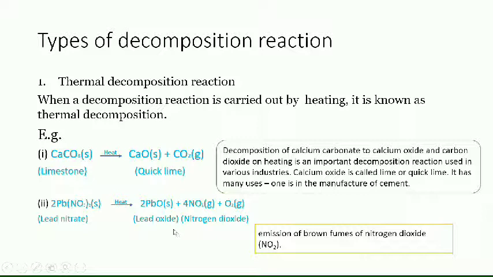In this heating of lead nitrate, there is an emission of brown fumes of nitrogen dioxide. You can get a question like that: whenever any compound is heated, it emits some brown fumes, so write the name of the reactant and the name of the brown gas which is emitted by the reaction. You can have many questions like this.